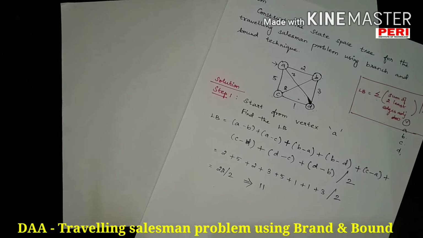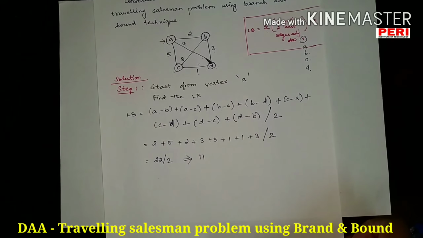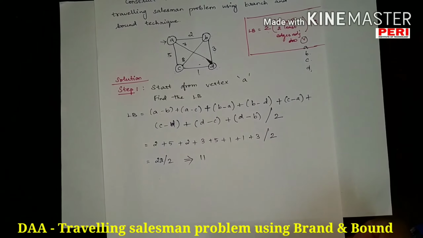So we are going to find the lower bound for A to B now. To calculate the lower bound value, you are supposed to find the lower bound of each and every vertex.